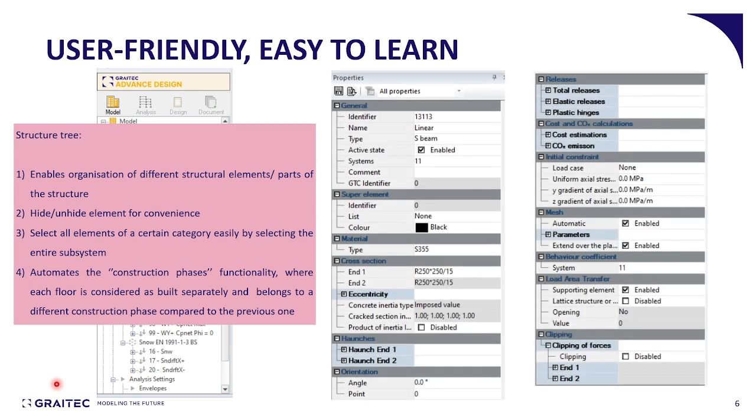On the right hand side, we can see a typical properties tab. Anything in Advance Design has properties that look similar to those here. This is the properties of a linear element, a beam in this case. As you can see on the properties tab, the user can change all the parameters of this element, to start, for example, with the material, the cross section.